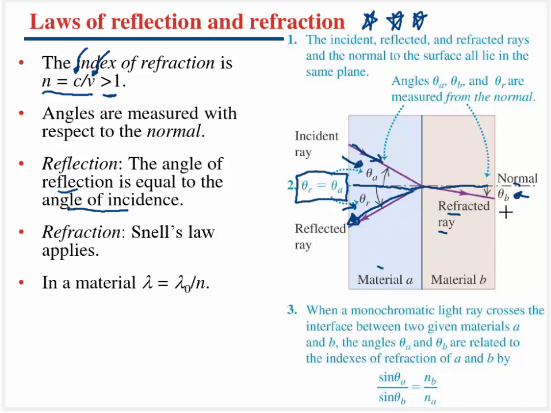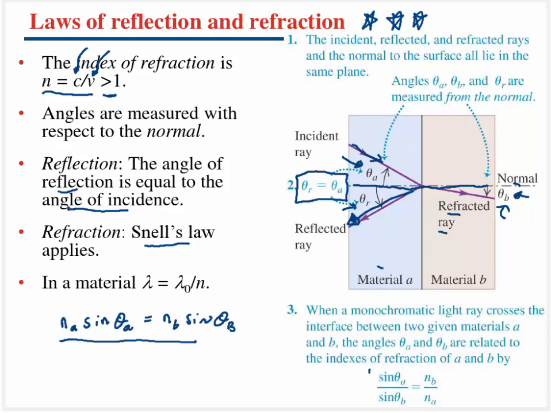For trying to figure out where the light ray goes in material B, we have to talk about what's called Snell's law, which is going to relate theta A and theta B. Turns out that it's related by the index of refraction, and we would say the index of refraction of A multiplied by the sine of theta A is going to be equal to the index of refraction in material B multiplied by the sine of the angle in material B. So that's Snell's law right here.